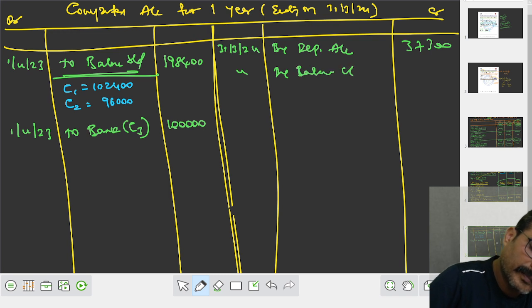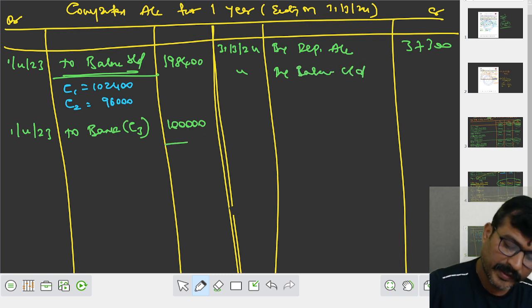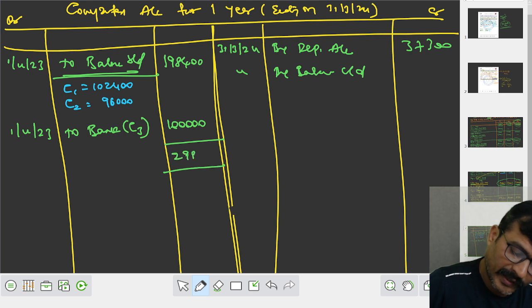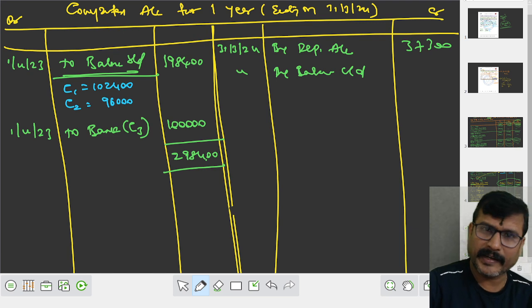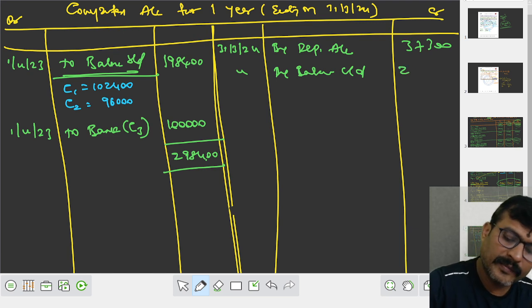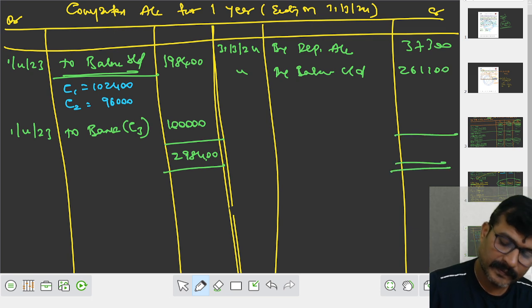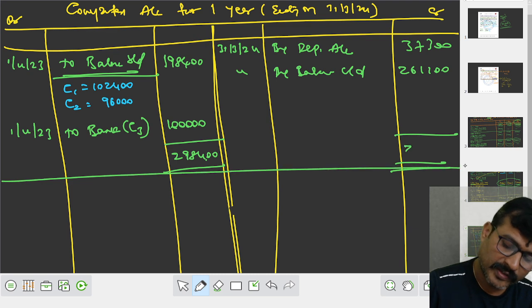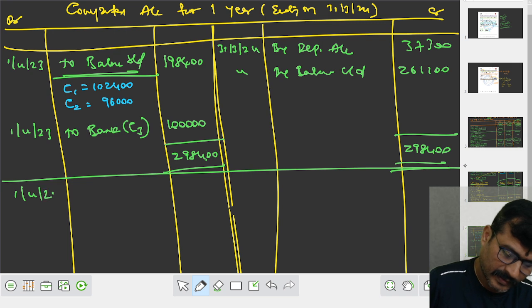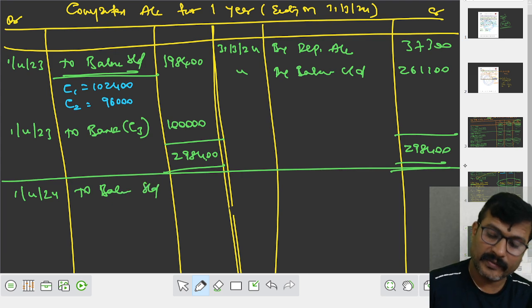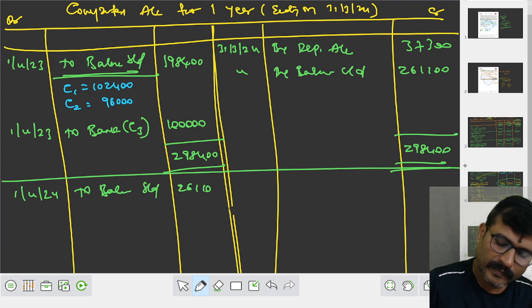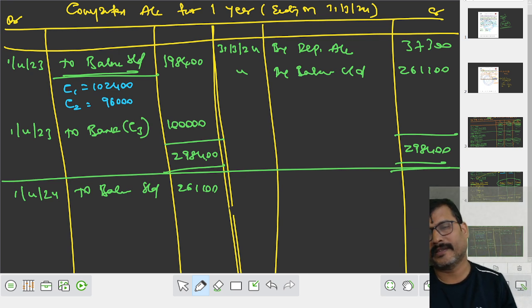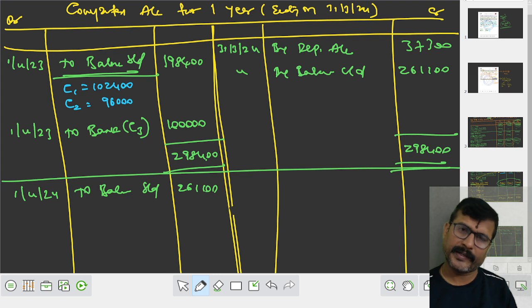By balance carried down, add the total: 2,98,400 subtract 37,300, it comes to rupees 2,61,100. Total is 2,98,400. Then on 1st April 24 we write by balance brought down 2,61,100. I hope you got it, my dear student.